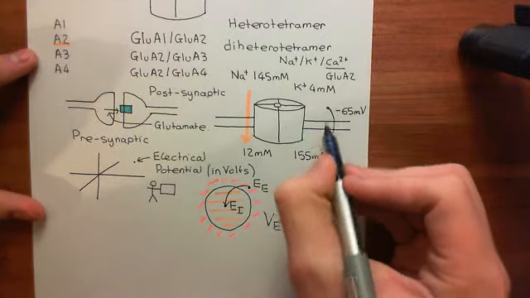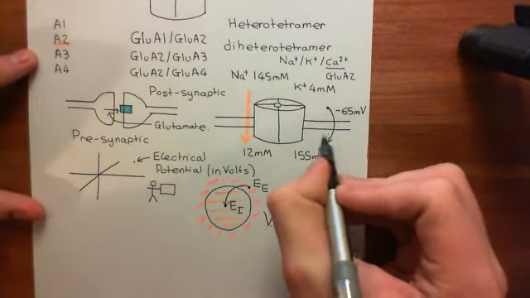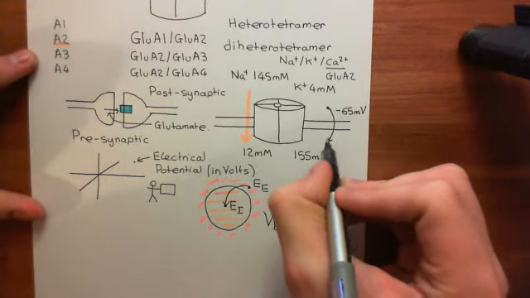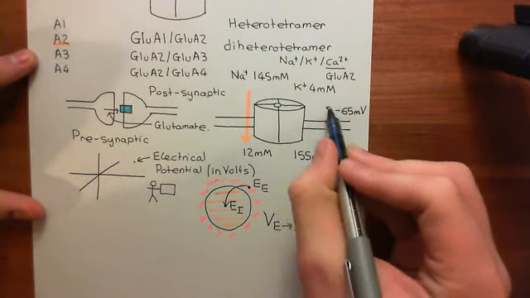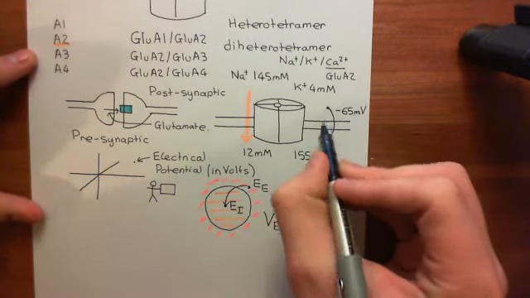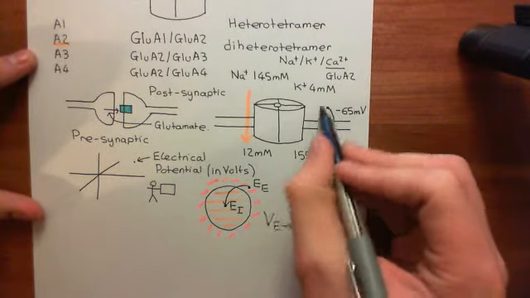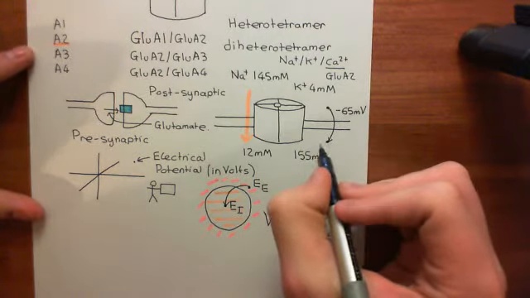So if the electrical potential difference across the cell membrane was negative 85 millivolts, i.e. the intracellular electrical potential was 85 millivolts lower than the extracellular electrical potential, then it would be strong enough to completely stop any net movement of potassium out, even with this same concentration gradient that we've got here.